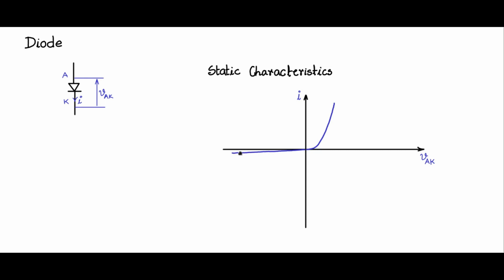You will see that delta V by delta I will be very large, and there is not much current on the negative axis until it reaches a breakdown value called the PIV, peak inverse voltage, beyond which the diode junction breaks down and becomes a very good conductor, with very little resistance beyond the breakdown. So the diode should not normally be operated in the breakdown region. It should be well within the breakdown region.